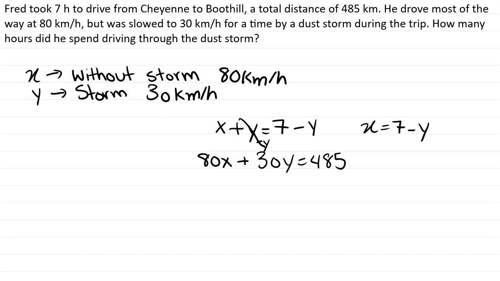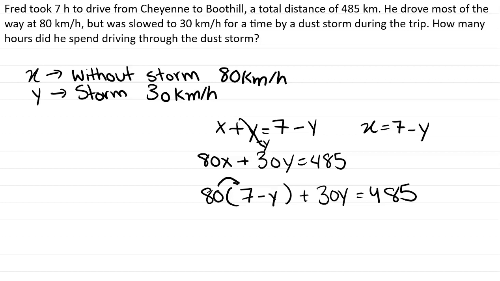Now let's substitute this value for x in the second equation. So we have 80 in parentheses 7 minus y plus 30y is equal to 485.